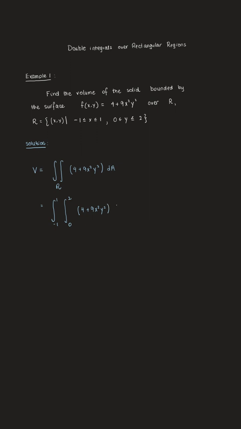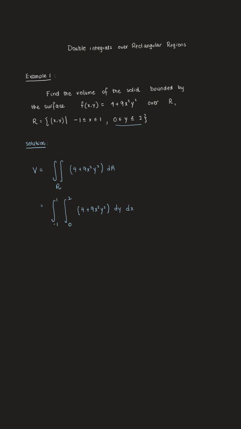And I have to write a dy here because the variable of integration should match the variable of my limits. And here my limits are from 0 to 2, and that's the range of y. And then my second differential will be dx. dy dx here is equivalent to dA, and dx will match the limits of integration of the outer integral.